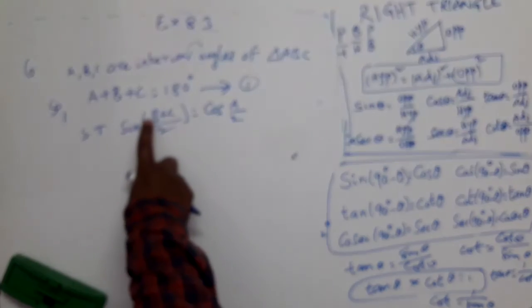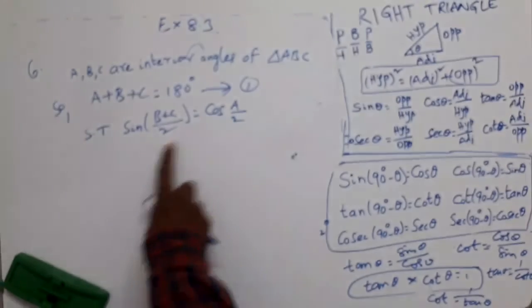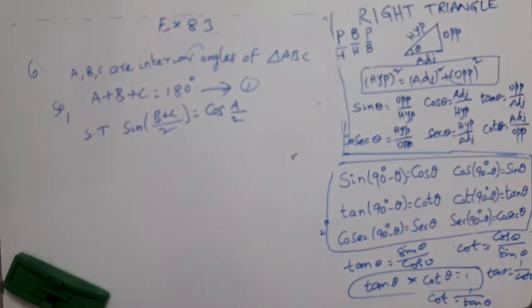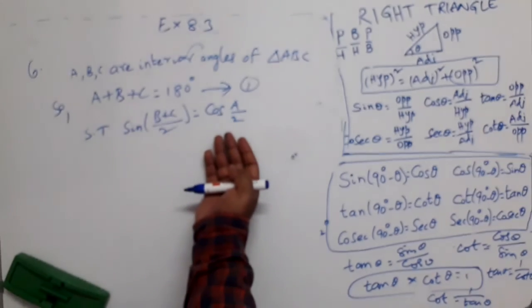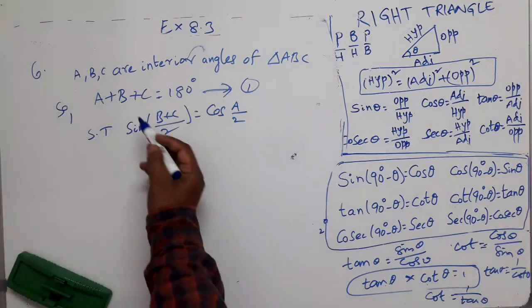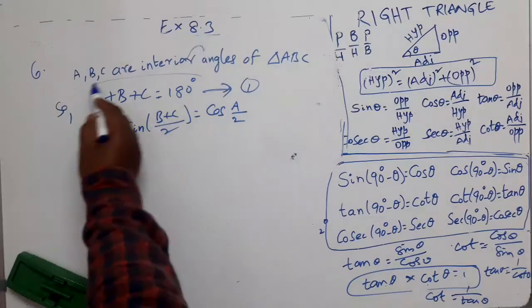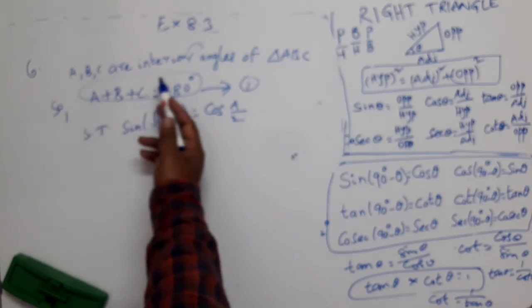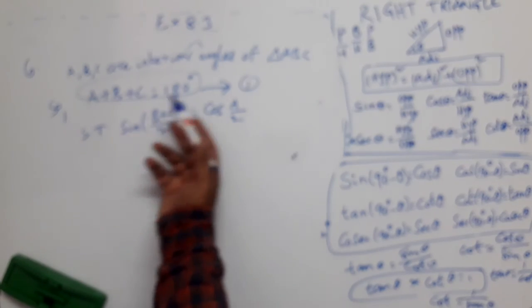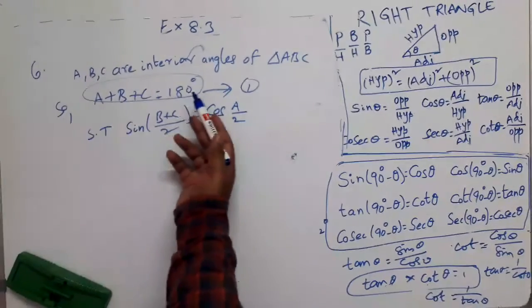What I have observed? LHS contains the angles BC. Right hand side part contains angle A. So let us start at this and bring a relation in terms of angle A. Already we know we have this relation from the given condition. What is the condition given? ABC are interior angles of triangle ABC. So from that we have got that sum of the angles is 180 degrees.